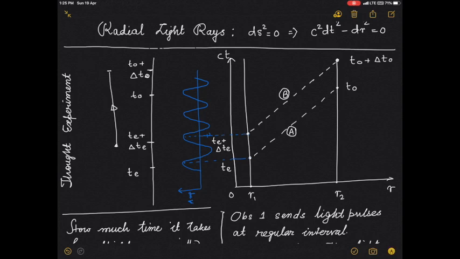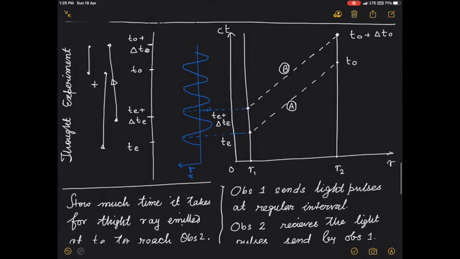So lower limit is T emitted plus delta T emitted, and the upper limit is T observed plus delta T observed. This I can write as this integral with a lower limit T emitted to upper limit T observed, plus this integral.